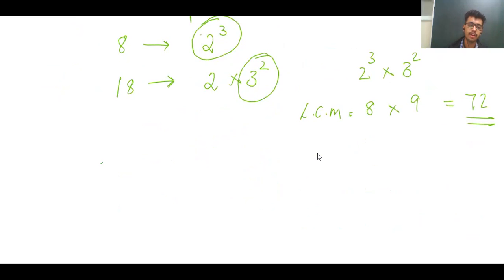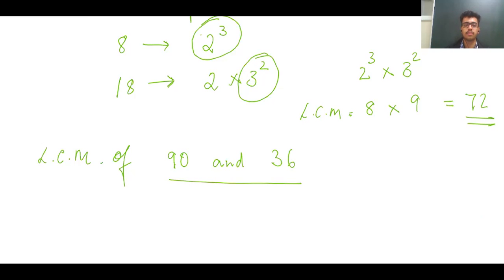So similarly, using this method, find out the LCM of, let's say, 90 and 36. Yeah, find out the LCM of 90 and 36. What is the prime factorization of 90 and 36?